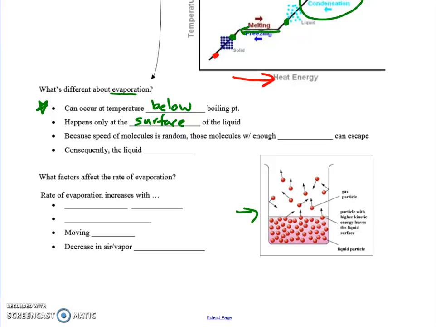And why does it happen at the surface? Well, you've got to imagine that these molecules right here are jiggling around with some degree of freedom in their motion. And every so often, the conditions will just be right that the molecule near the surface has enough kinetic energy to escape. Okay, so it's really a probabilistic effect. So when those escape, what you're going to leave behind are molecules that have a lower kinetic energy on average.